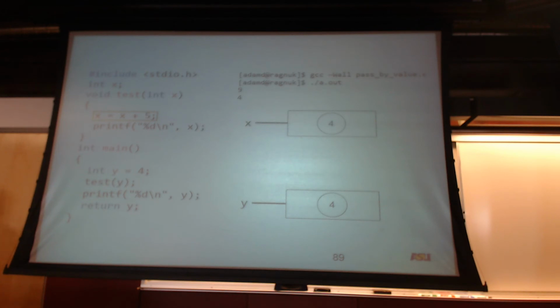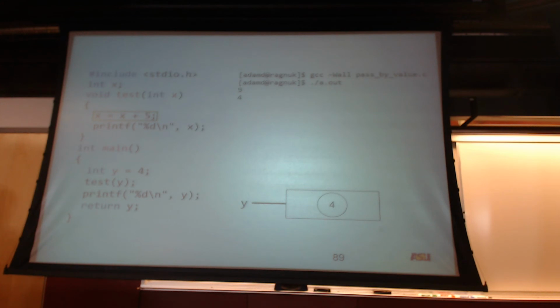So int x has the value 4 because we have done test y, and now int x has been changed to 9, so you print 9 and 4. And once you get out of test, that x is gone because the scope is gone. So that's the box and circle diagram.